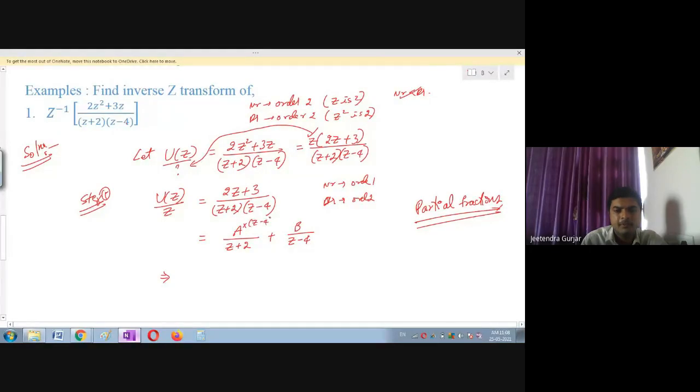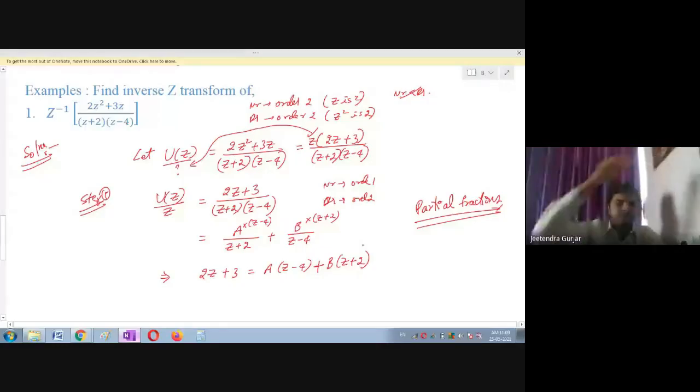So (z minus 4), and cross multiply, you are going to take (z plus 2).